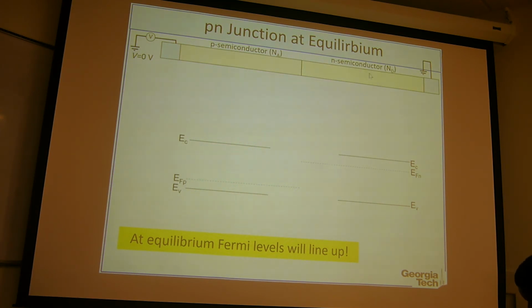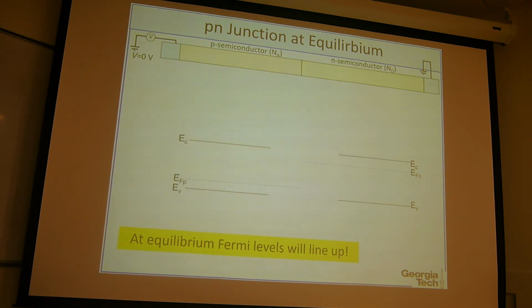And on the right, you have n-type, so the Fermi level, EFN, is close to EC. But right now, we assume you have two separate pieces of silicon, one p-type and one n-type. But now this p-n junction means you will contact those two silicon together, so they will interface with each other. Then something will happen.